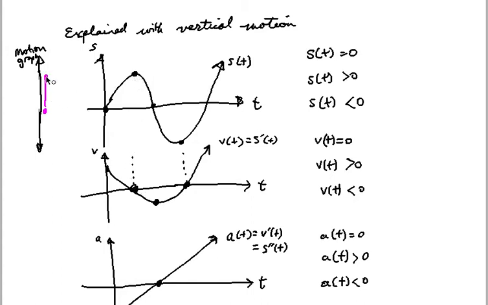So right at this point, my velocity is 0, which means that it's going to start changing directions. It's either a maximum, a minimum, or a constant.